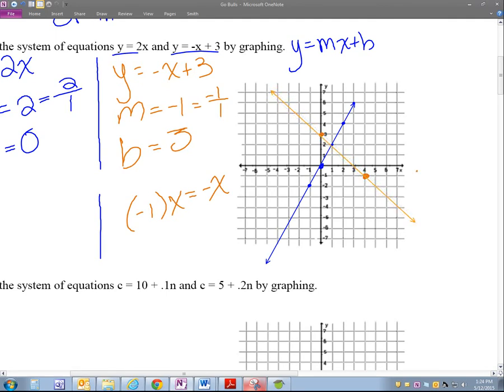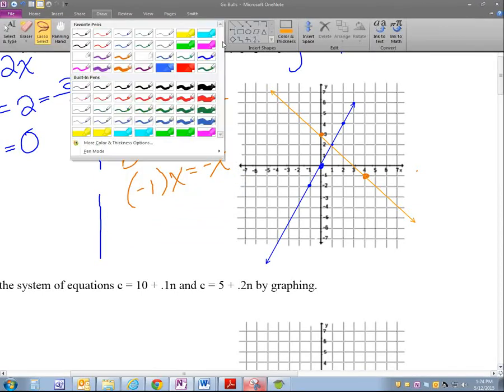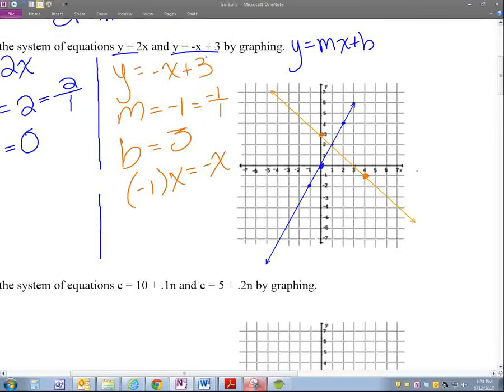Okay. So it's not a perfect line, but I can see where my intersection point is. What do you think that point of intersection is, Mr. Watson? 1 and 2. So looks like they're going to intersect right here at 1, 2.